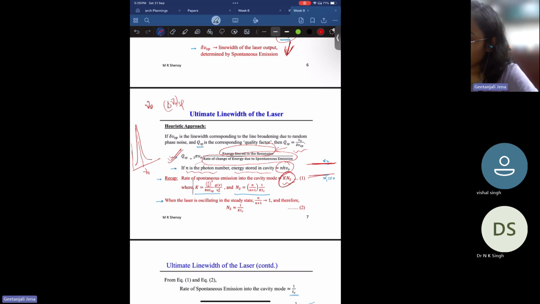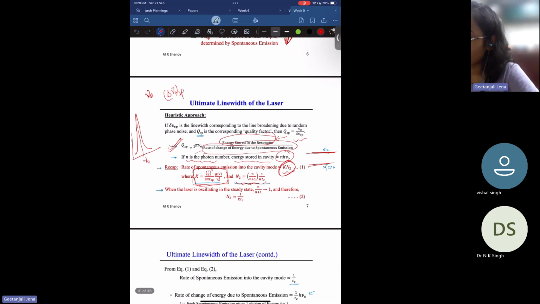And k is this constant, defined by this value. And N2 we have already seen earlier, it is n by n plus 1 by kT. And for a steady state, the n is very large, so we typically take n plus 1 as n.